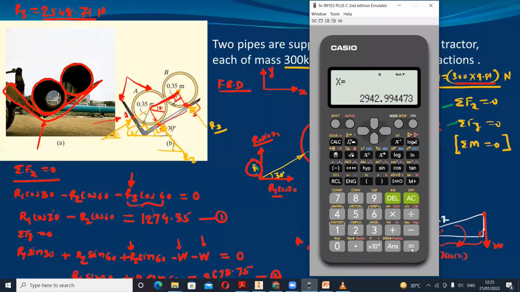So this is your first unknown r1, which is 2948.99, and 2548.71 is the value of reaction r2.